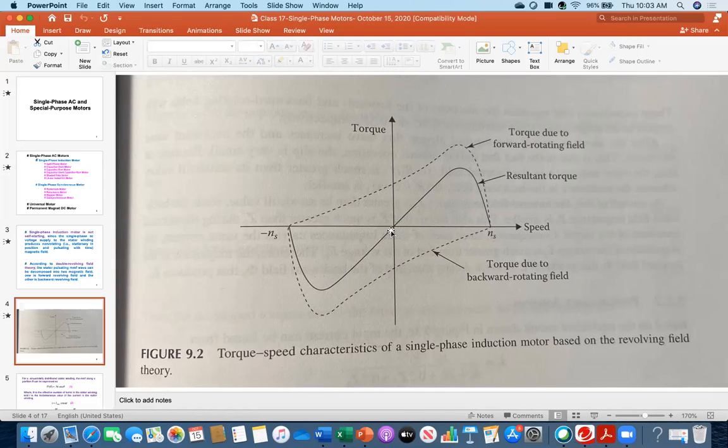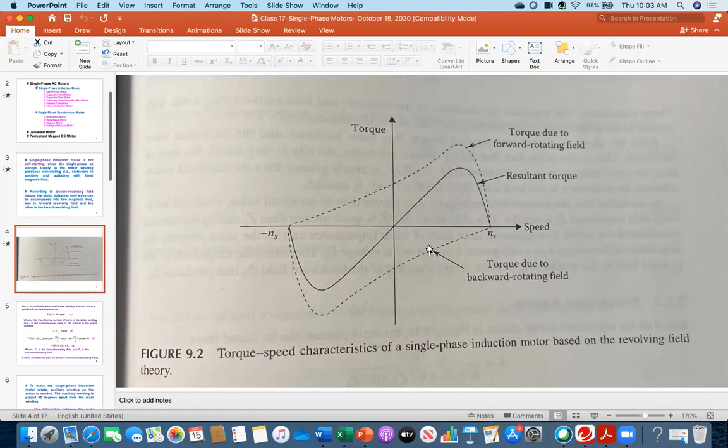Keep in mind, it must start from the 0 point. Sometimes in some books for single phase induction motor, only this portion is shown. And you see it must start from 0 to indicate that it has starting torque 0. And that is the reason it is called not self-starting. But we have to start it.